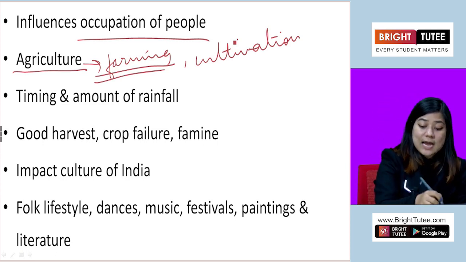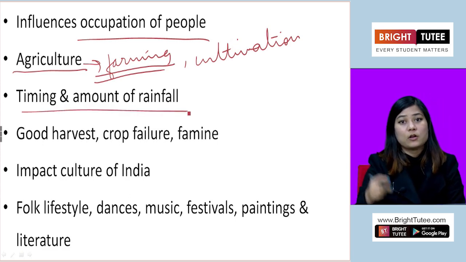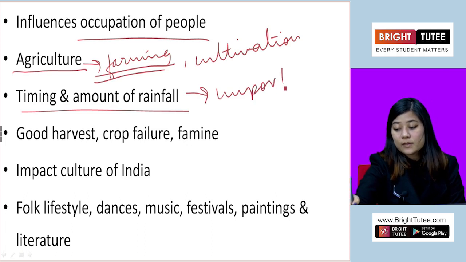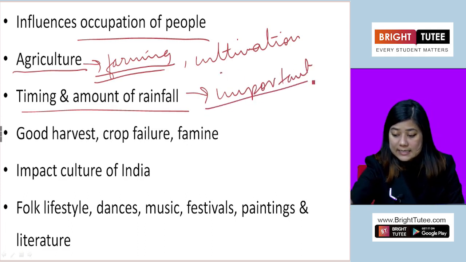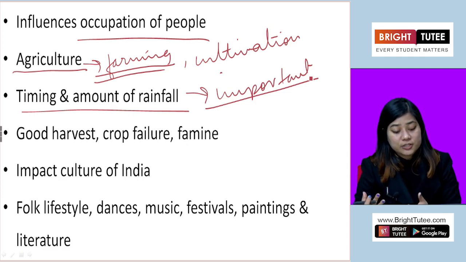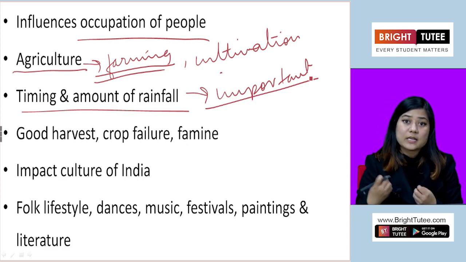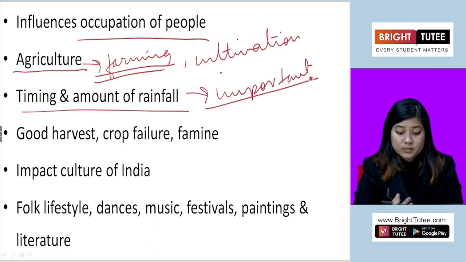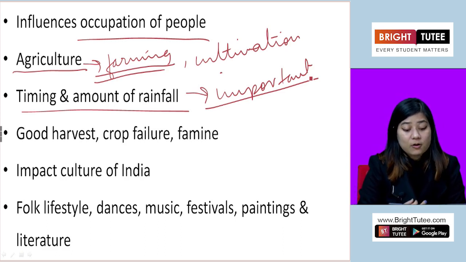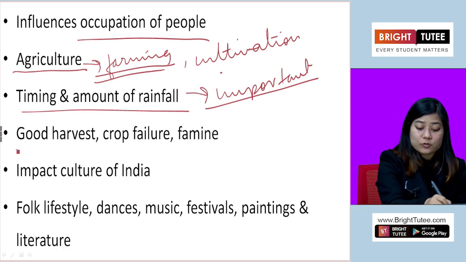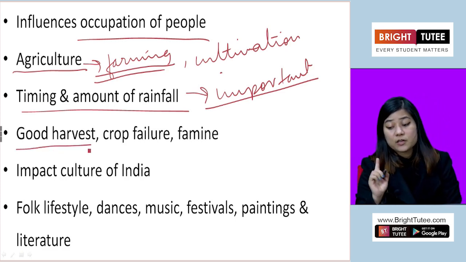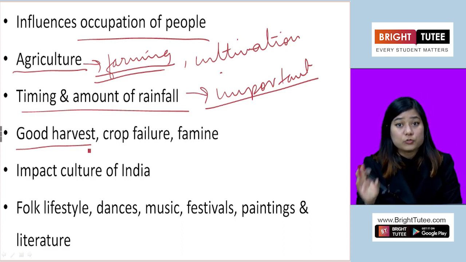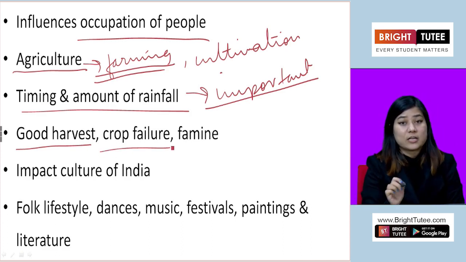The timing and the amount of rainfall are very important in agriculture. When it rains and how much it rains is very important for growing crops, for farming, because with that they have a good harvest. And if the rainfall is not enough, if the timing is not good, then they have crop failure.